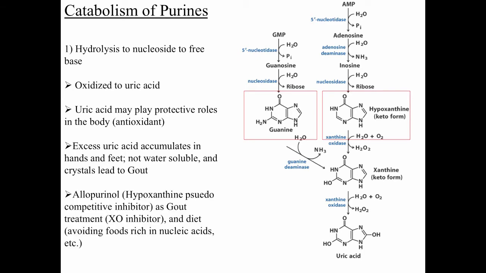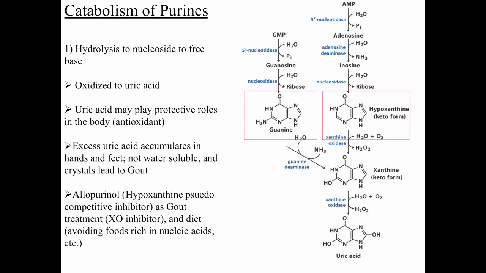So gout is a very, very painful disease, and it seems to be more prevalent in men than women. One of the drugs that people use to treat gout is this drug called allopurinol. This is a drug that inhibits the enzyme that converts hypoxanthine to xanthine in the pathway, as well as avoiding a very rich diet.